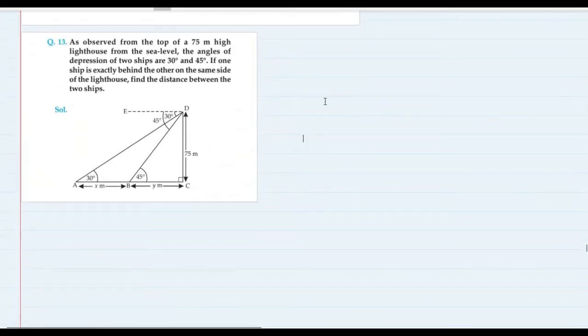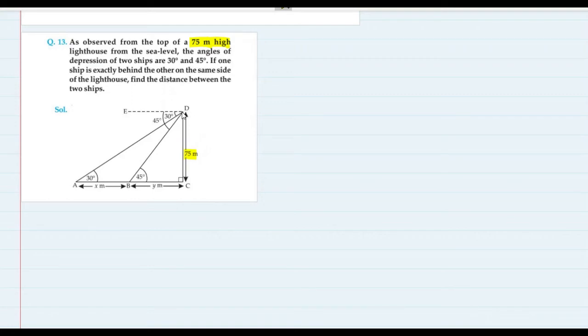As observed from the top of a 75-meter high lighthouse from the sea level, the angles of depression of two ships are 30 degrees and 45 degrees. Now, if you see in this figure, CD or DC is the lighthouse whose height is 75 meters.